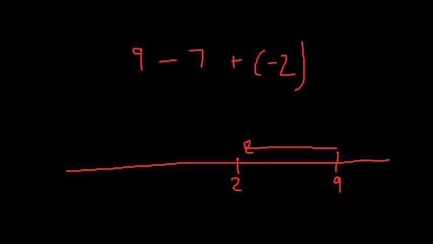Then if I'm adding a -2, again, that's the same as subtracting 2. So again, it's going left on this number line. Again, another 2 places down to 0. So we see 9 minus 7, which got us down to 2, plus a -2 brings us down to our answer, 0. Make sure you practice a lot with signed numbers so you get used to which direction you're moving and whether your answers are positive or negative.